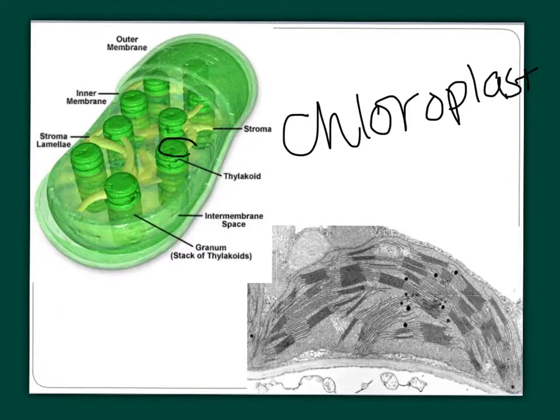A thylakoid is each individual penny or pancake, whatever you want to think about it. A stack of pancakes is called a granum. The little space inside is called the stroma. There's a couple membranes, and here's a little side view for you of these stacks of thylakoids inside the chloroplast.